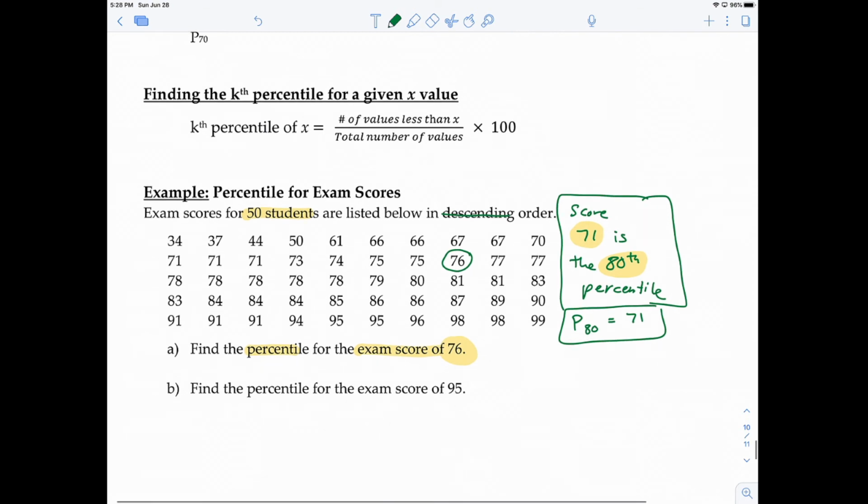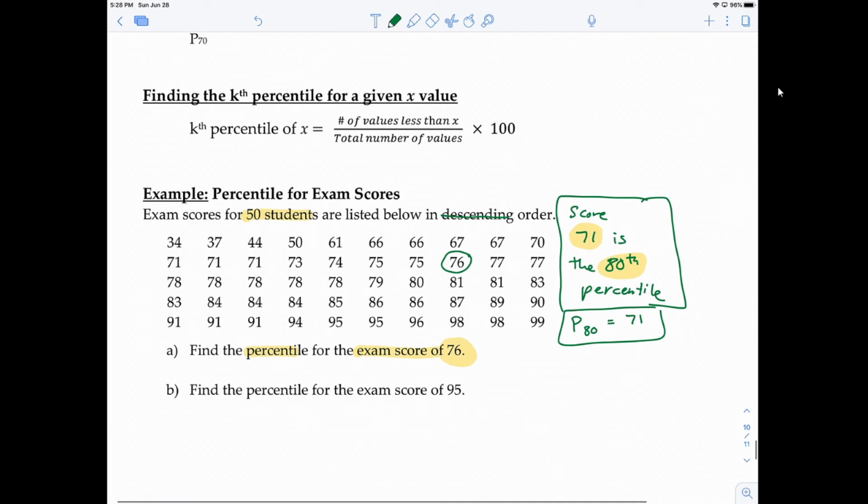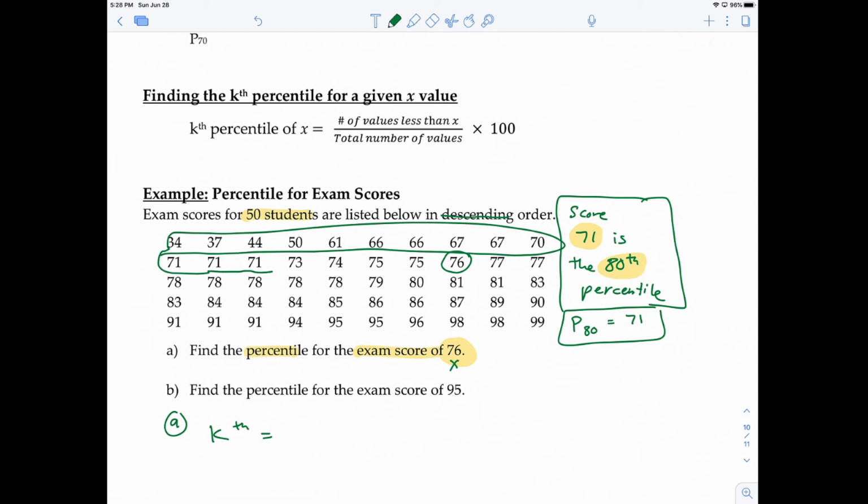This formula says to find K, the value of K, you look at the number of values less than X. In this case, this is my X. The number of values less than X: there's 10 here, 10 in this row, and then 1, 2, 3, 4, 5, 6, 7.